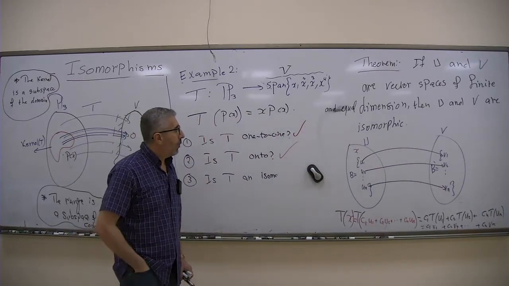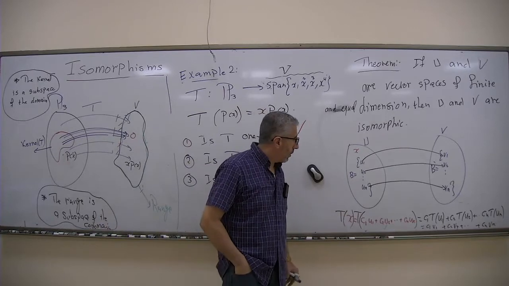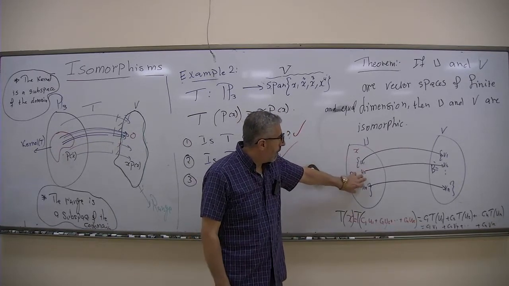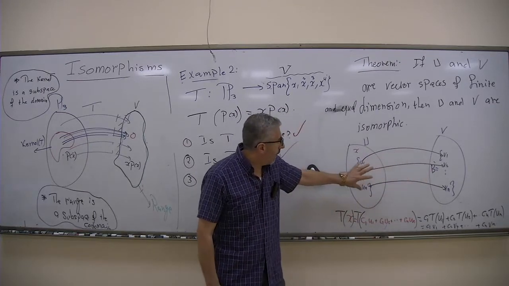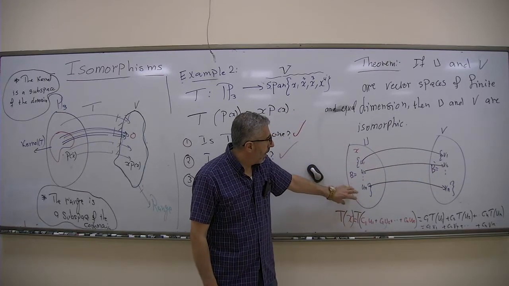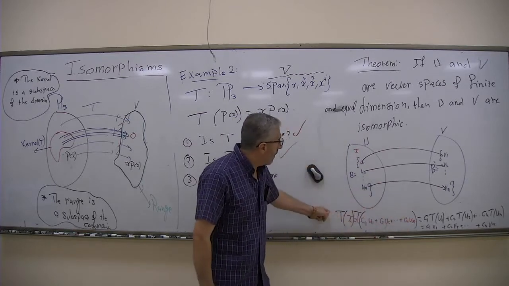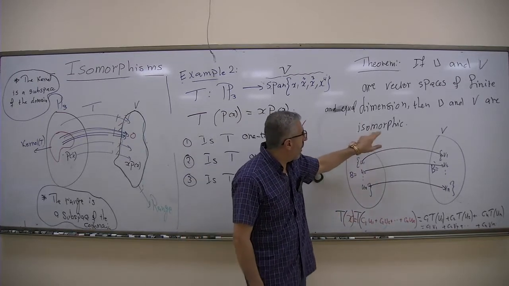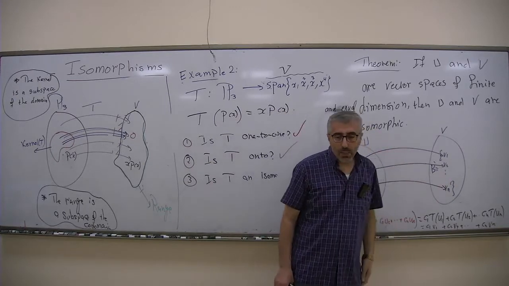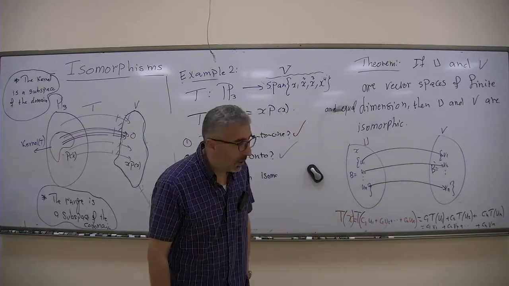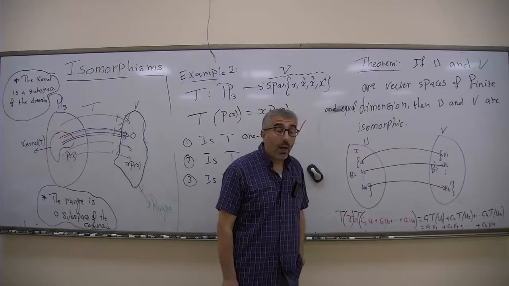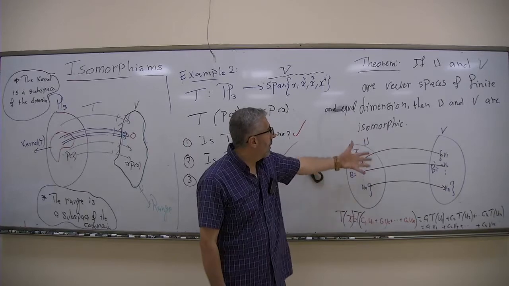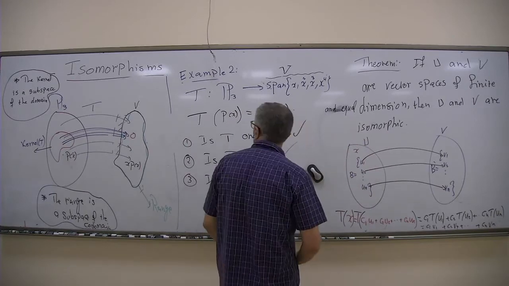And I'll leave it for you to convince yourself or double check that. You can see the kernel, the zero vector goes to the zero vector. You can see it is onto, and in that case, this is indeed an isomorphism. And from now on, whenever you have two vector spaces of finite and equal dimension, you can say they are isomorphic, and it is very easy to construct an isomorphism between them. Okay, use this idea, you get an isomorphism.